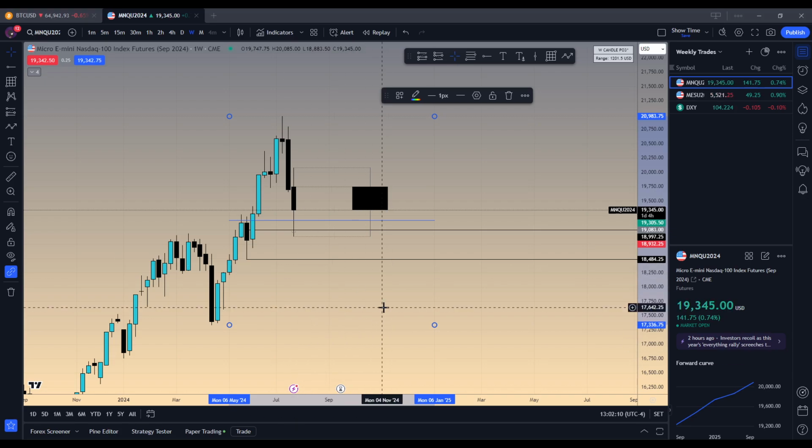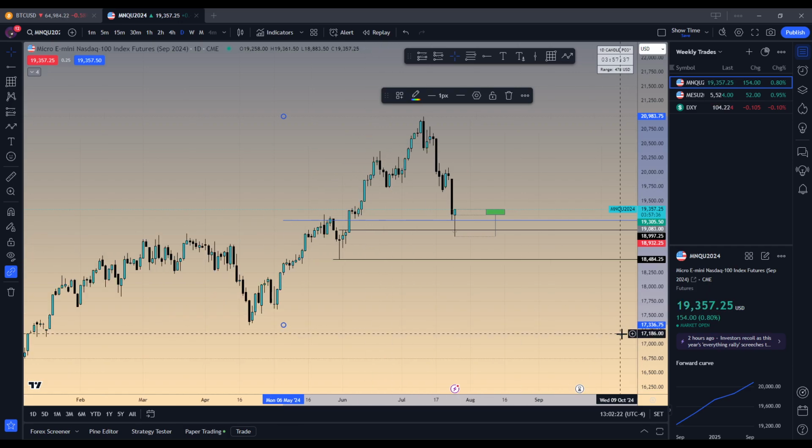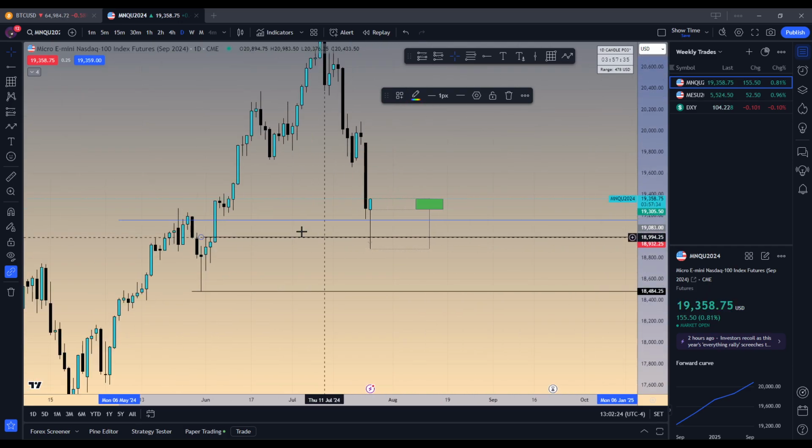Because we traded into this order block, I was looking for some potential bullishness just on today's candle. It's a bullish PD array there, and when you go down to the daily, you also see we were trading within this daily fair value gap. Yes, it has already been traded into, a day after it was formed.